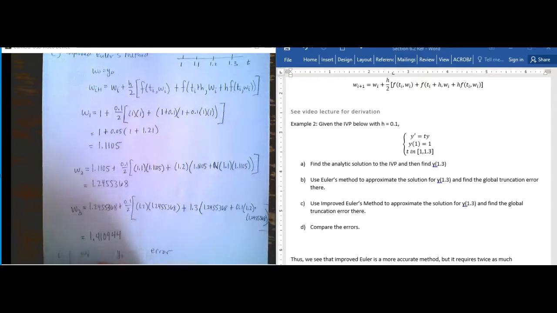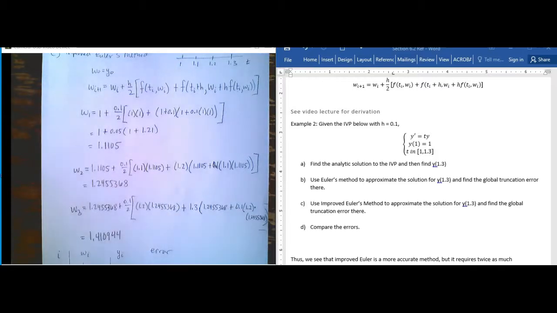And so i is 0, 1, 2, 3. Our approximations are 1.1105, 1.2455368, 1.410944.